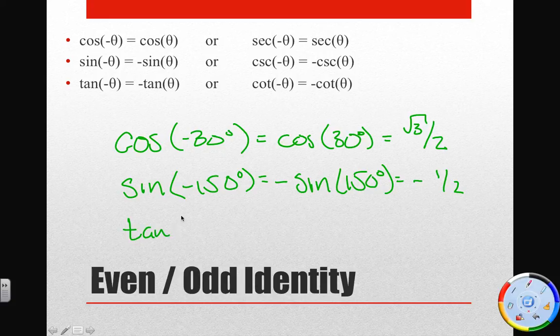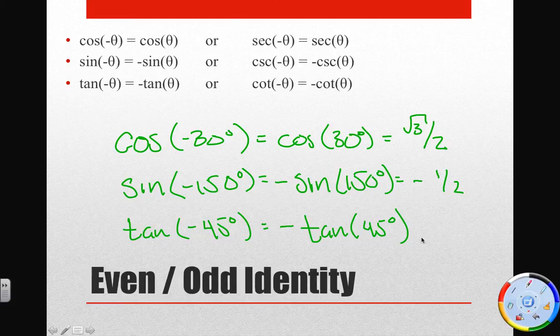So tangent of negative 45 degrees is the same thing as the opposite of the tangent of 45. And we know the tangent of 45 is 1, but it's negative, so it's negative 1. Okay, really simple identity. We don't always use it every single time, but it comes in handy.